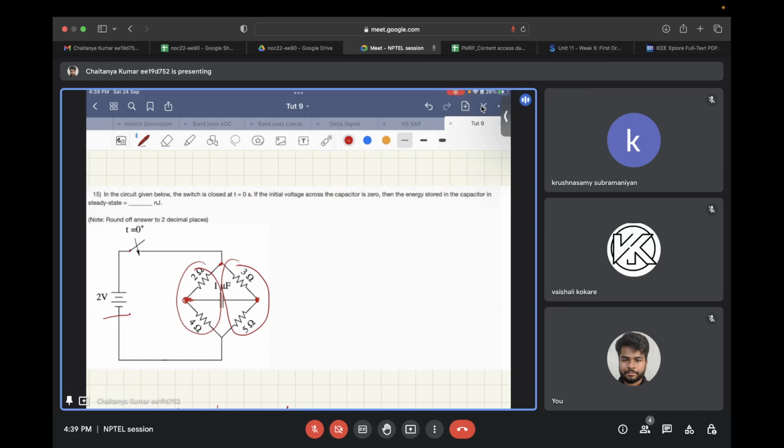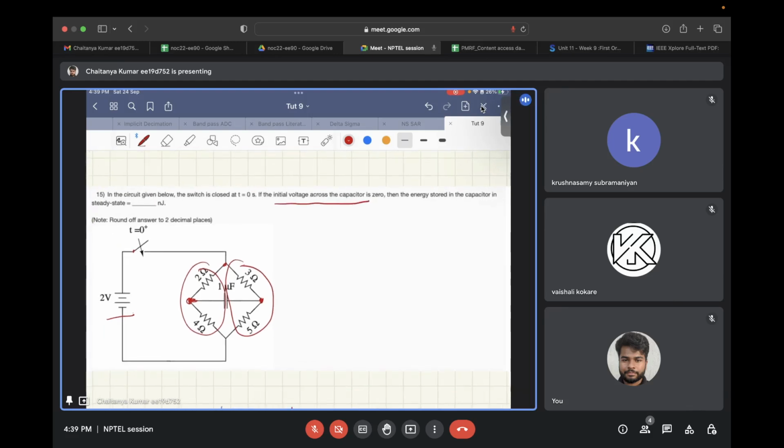It is given that the initial voltage across the capacitor is 0, and it is asked what is the energy stored in this capacitor in the steady state, in nanojoules.